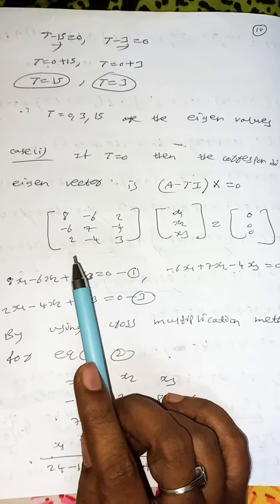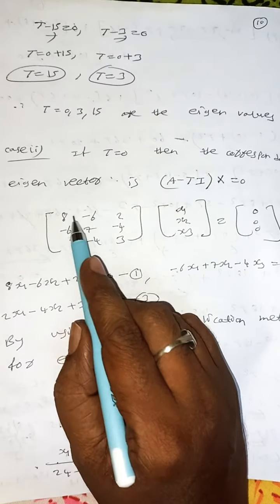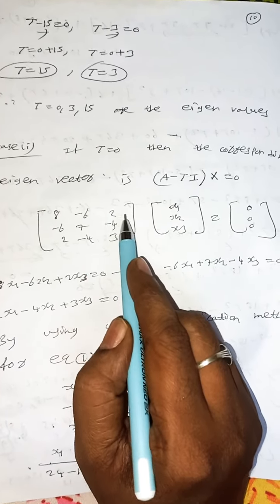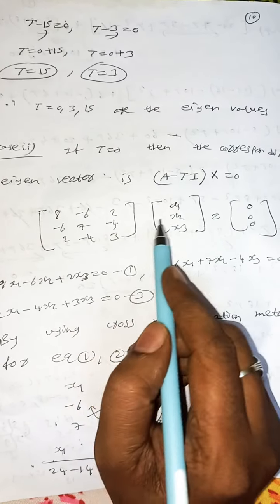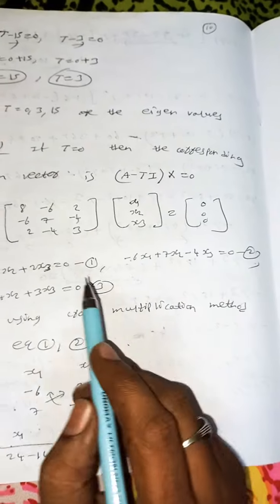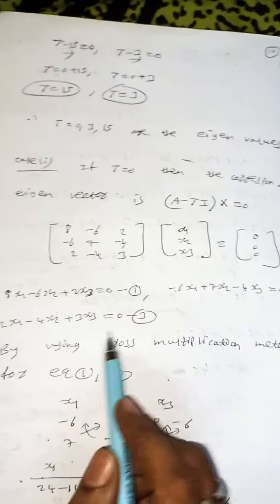I am doing this problem by the cross multiplication method: 8x1 minus 6x2 plus 2x3 equals 0, minus 6x1 plus 7x2 minus 4x3 equals 0, 2x1 minus 4x2 plus 3x3 equals 0.